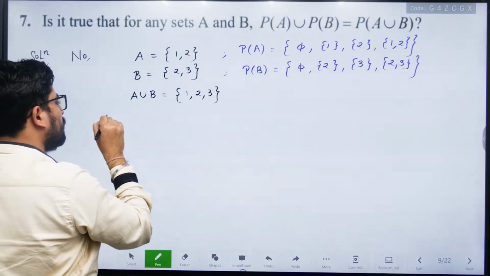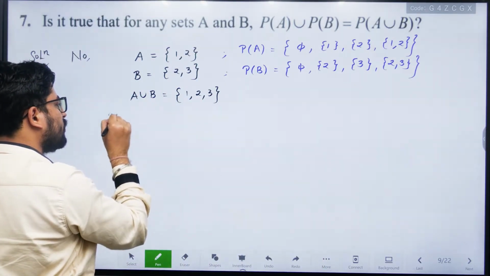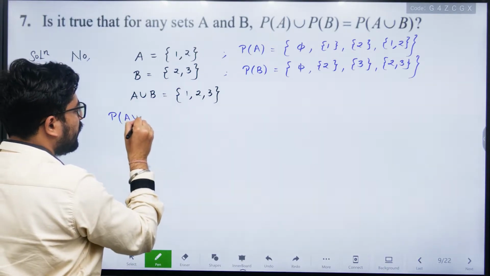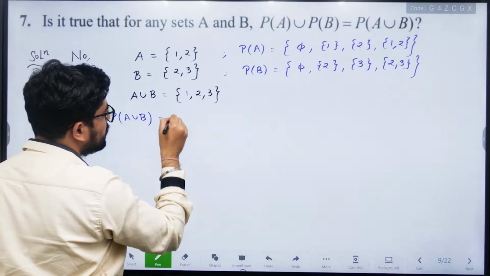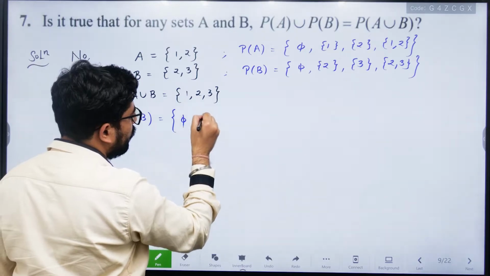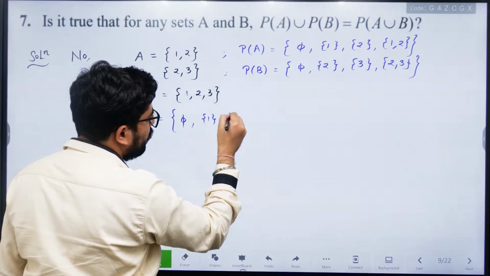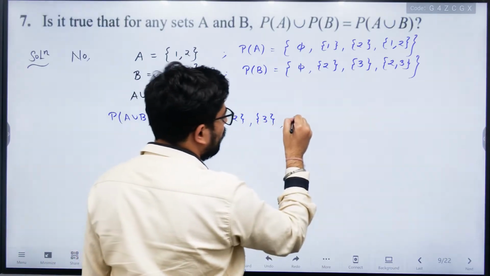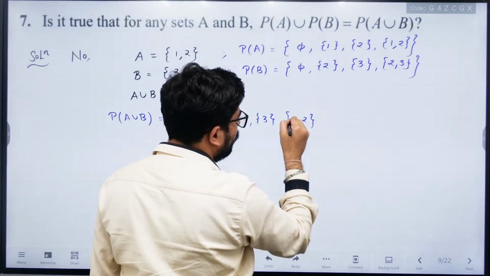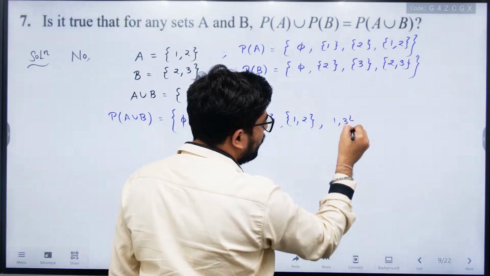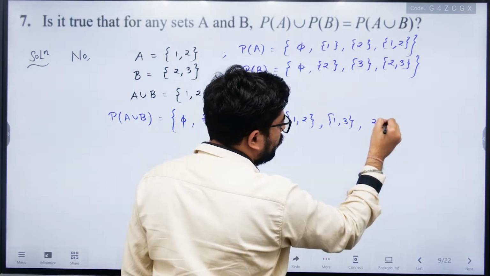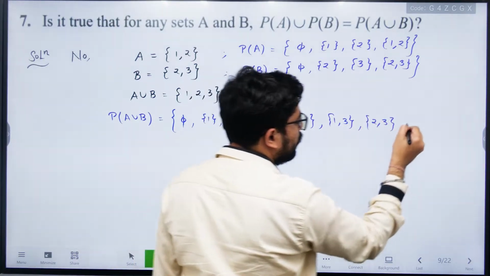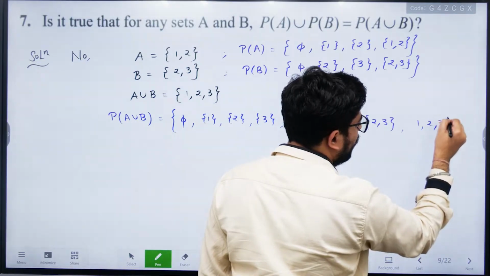The power set of A union B is what? The power set of A union B is empty set, {1}, {2}, {3}, {1, 2}, {1, 3}, {2, 3} and {1, 2, 3}.